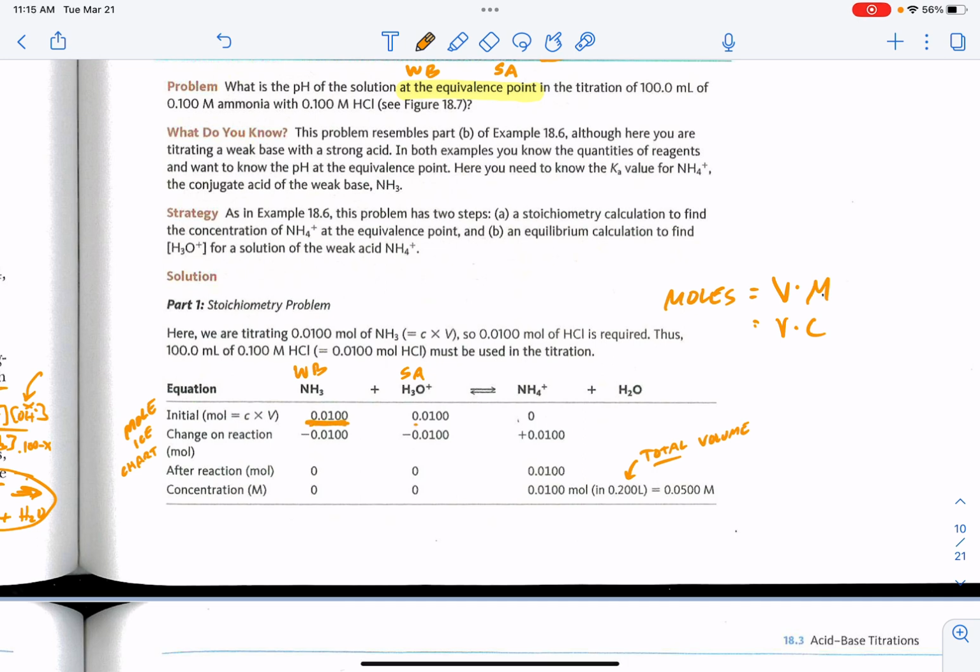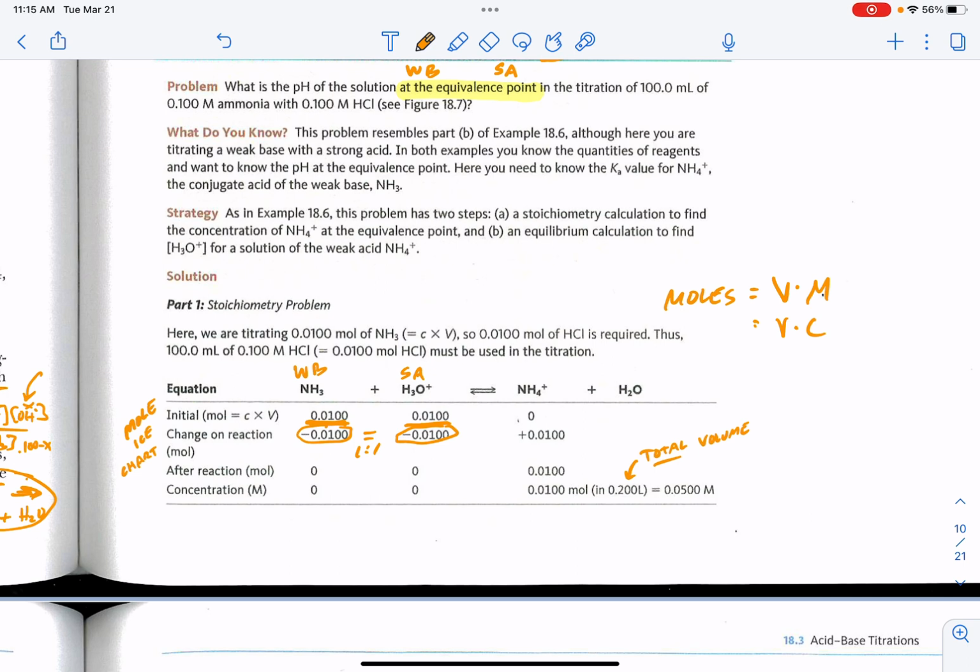We have the same volumes of each. In other words, all the base that I started with in the bottom of my flask has now been neutralized by this many moles of acid. Notice these moles have to equal each other because it's a 1-to-1 ratio, monoprotic.